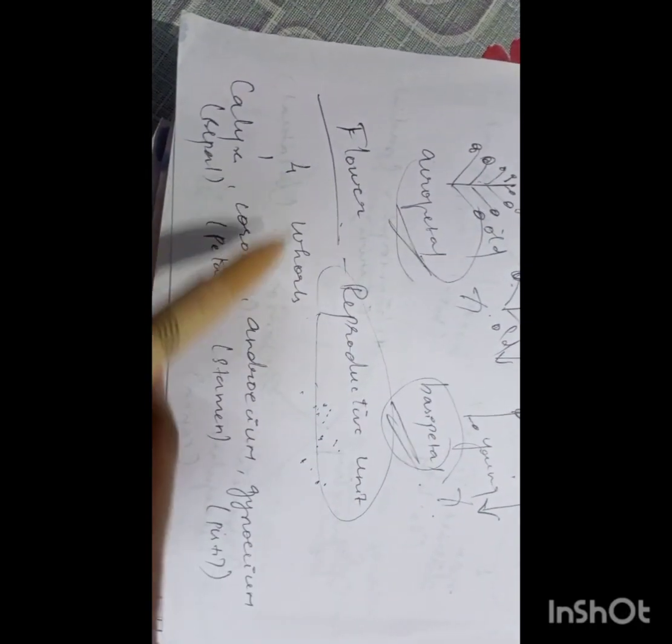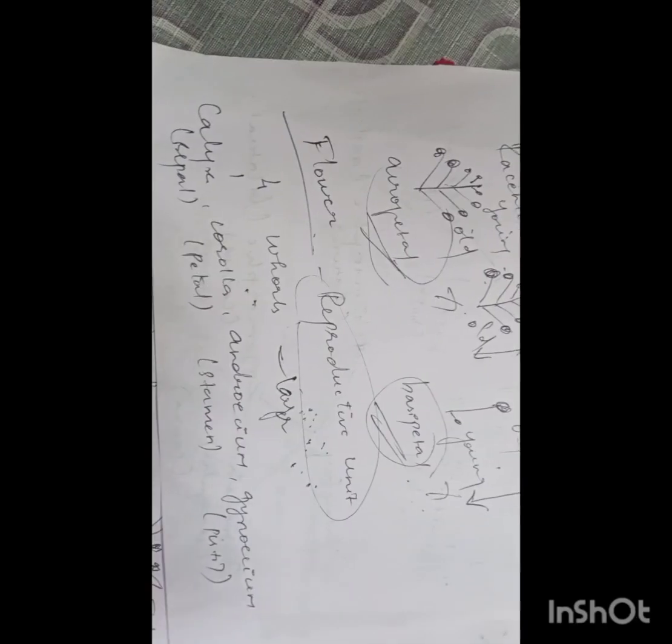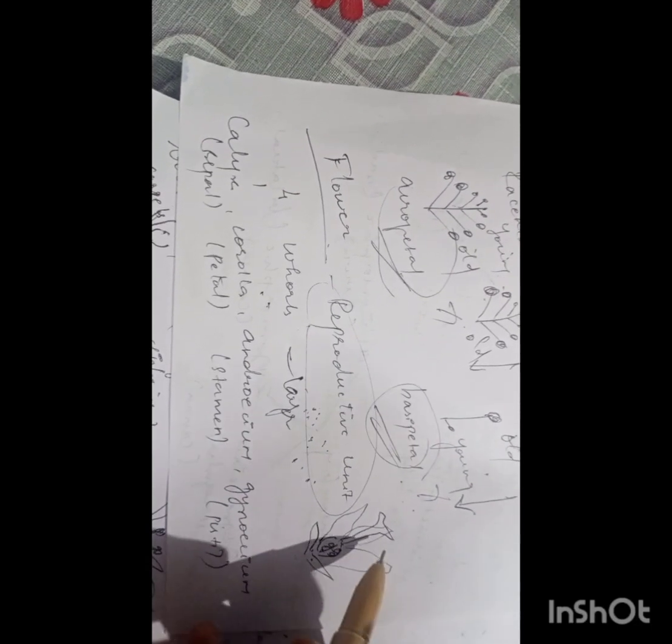So the flower has 4 whorls. Whorls are layers. So a flower has 4 layers. All the 4 layers you know. If you take a flower, the green leaf-like structure is known as the sepal, and the beautiful colored one is known as petal, and in the center, that female organ, it will have 3 things you have already read in your 6th standard: stigma, style and ovary.